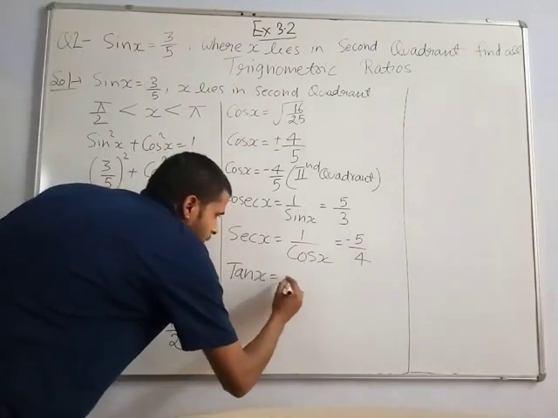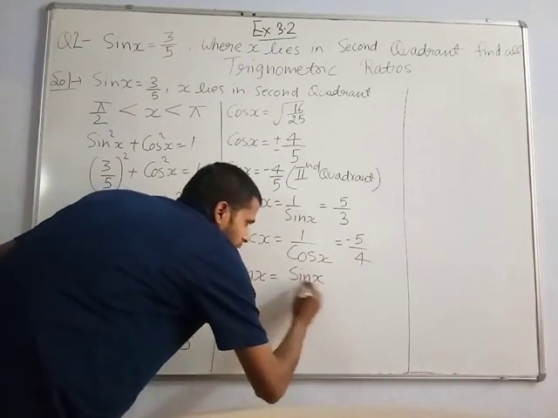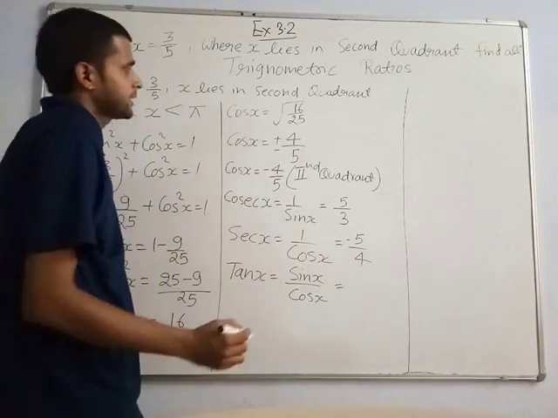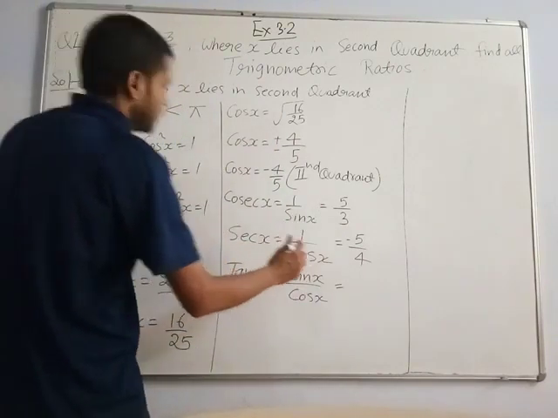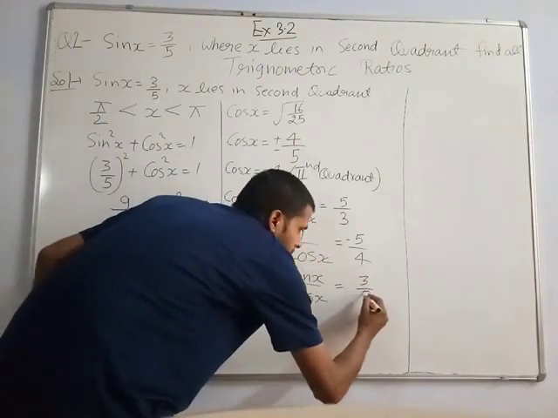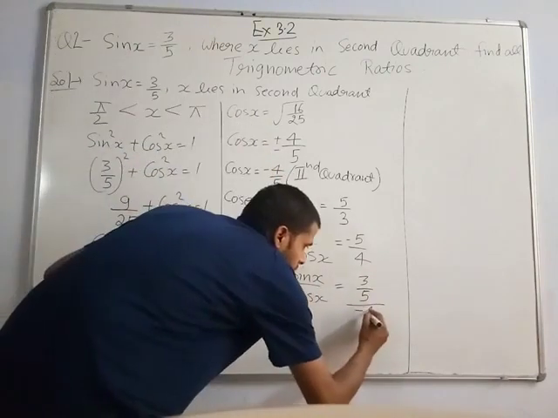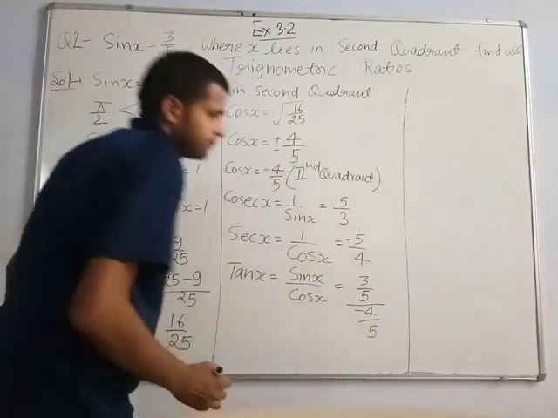Then tan x equals sin x upon cos x. What is the value of sin x? 3 upon 5, and the value of cos x is minus 4 upon 5, right?